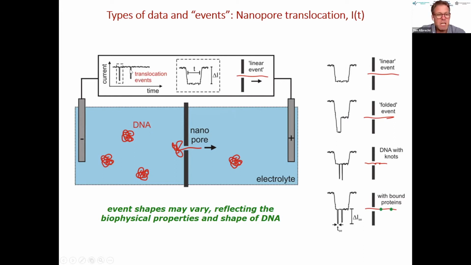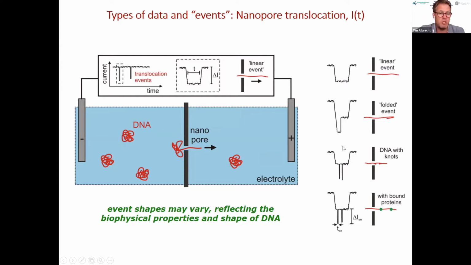And if the DNA moves through the channel in a linear configuration, as shown at the top right there, then the current time modulation is simply a rectangular pulse. If the DNA enters the pore in a somewhat folded configuration, I'll try to highlight this here, then you get an initial excursion in the current time event, and then it reverts back to a current level that's normal for a linear piece of DNA.